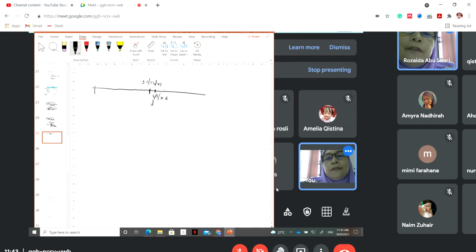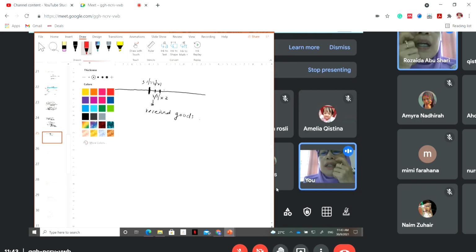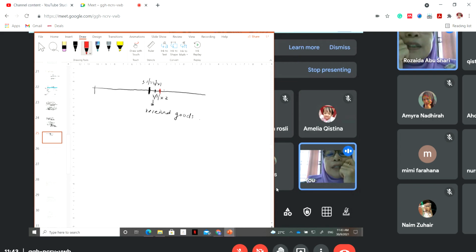So received goods. Okay, so the cut off point is here, but let's say the stock count is done on 5th, use red color. So let's say this is the date of stock count. Stock count date is on 5th of January X2.